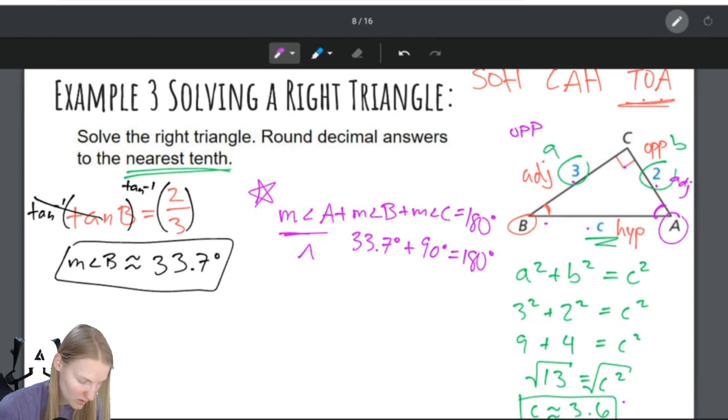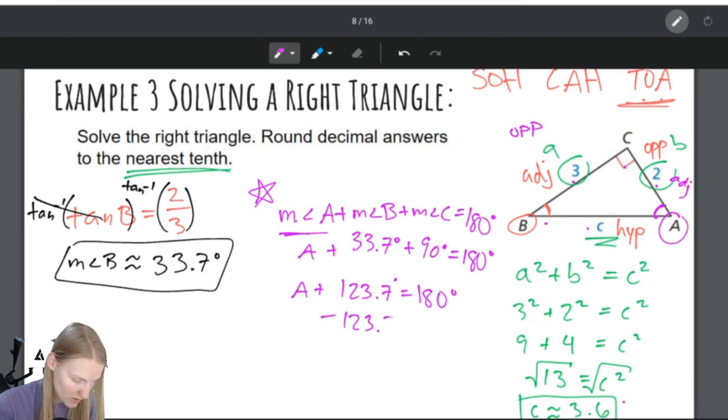So let's see, I'm just gonna write A to keep it simple. So this is A plus 90 plus 33.7 is 123.7 equals 180.